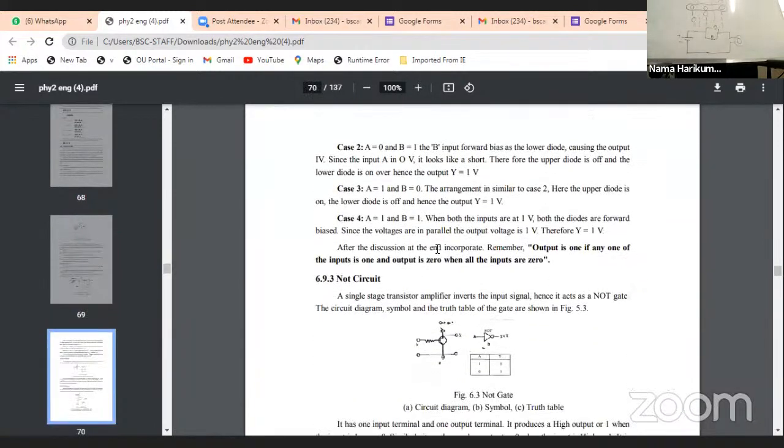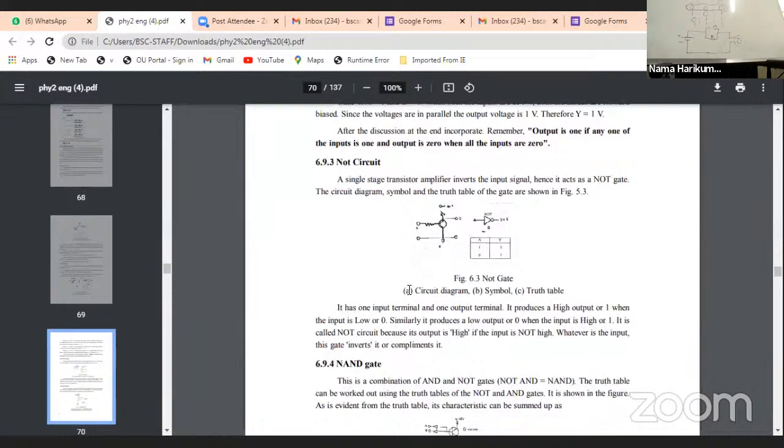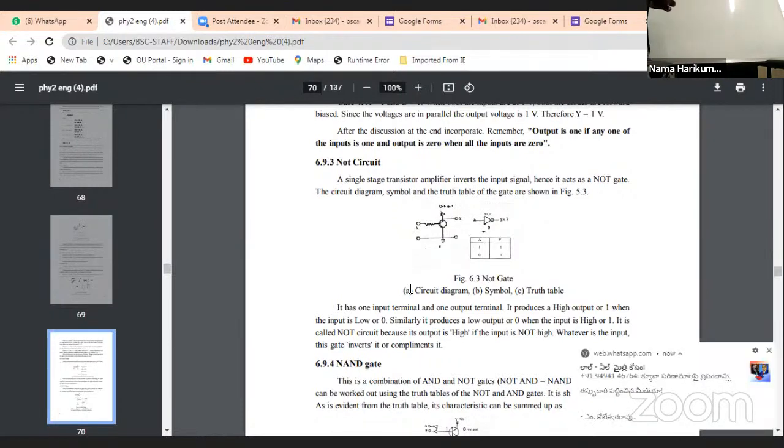So next, finally, the NOT gate. A NOT gate is nothing but an inverse gate. In this NOT gate there is only one input and one output.